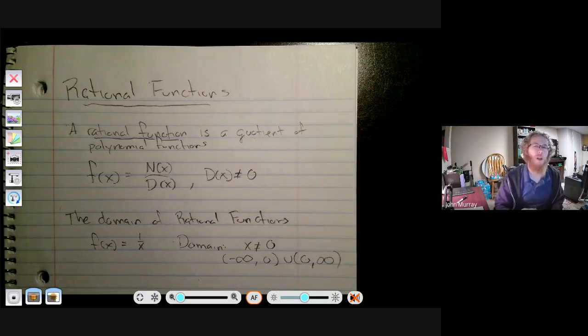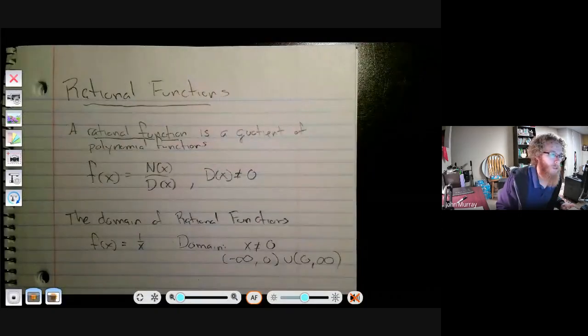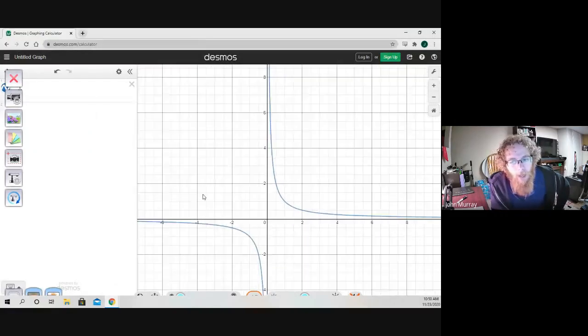Let's take a look at what happens near 0. All right, so let's bring up our graph. Did I get rid of it? Nope. All right, so as we get closer to 0, some funky things happen.